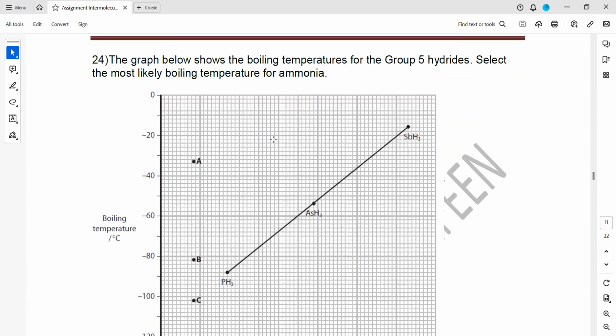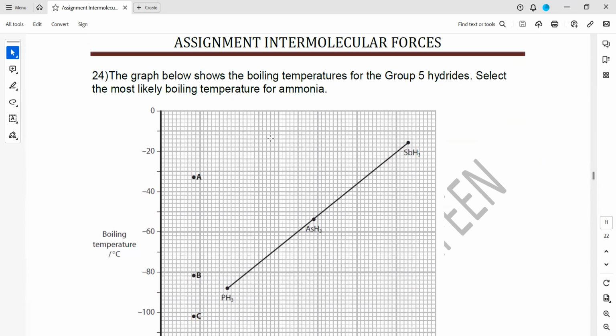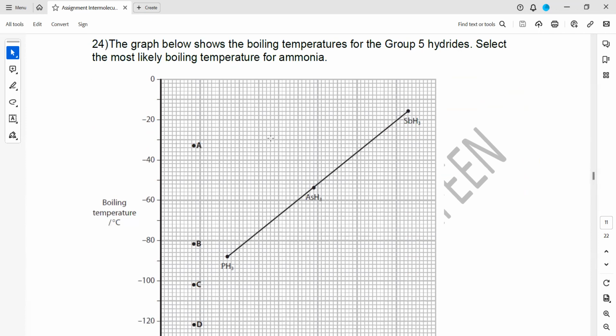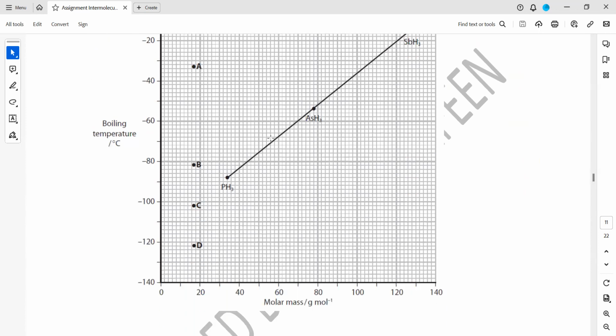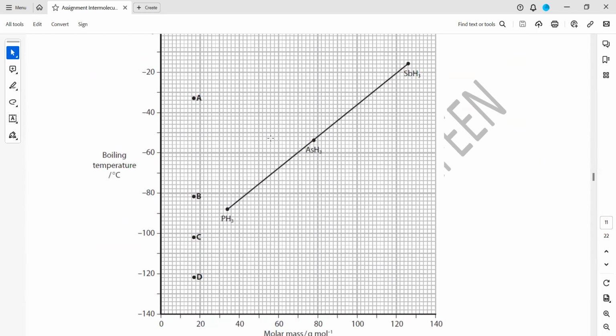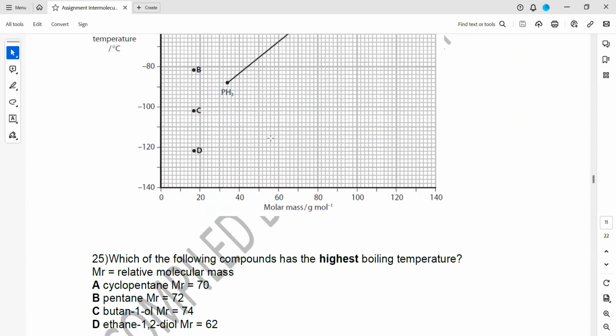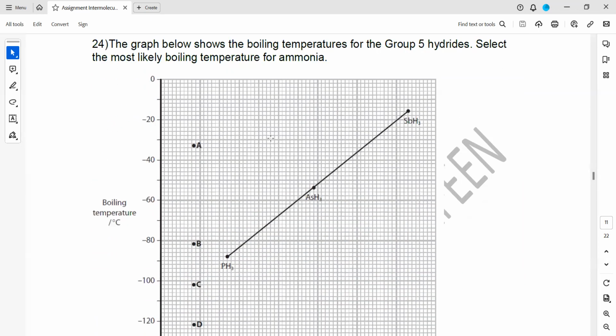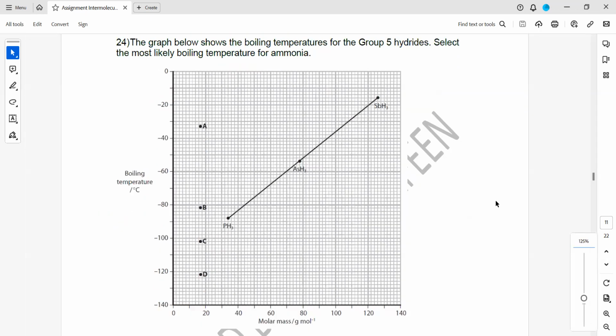In question 24, the graph below shows the boiling temperature of group 5 hydrides. So we have to work out the position of ammonia. If I write the compounds, we have ammonia, NH3, then phosphorus hydride and arsenic hydride.